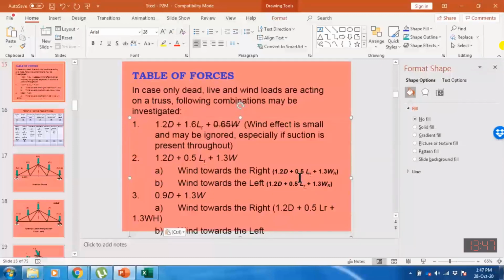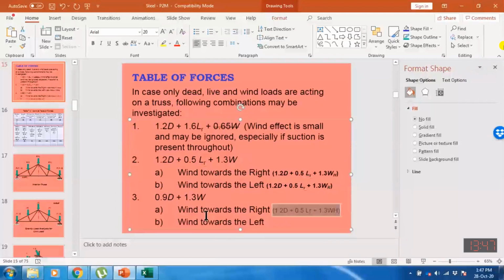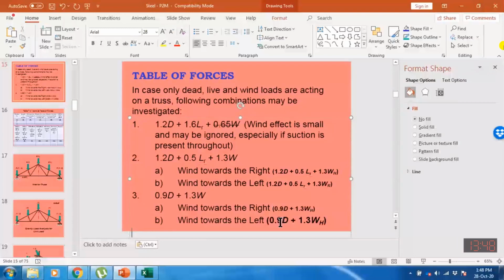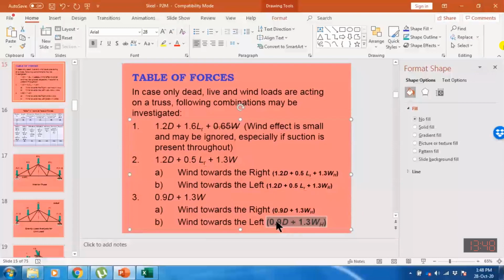So that will be, so this will be 0.9. So this will be our load combination number 5, which in fact I will be able to explain from the couple of courses.